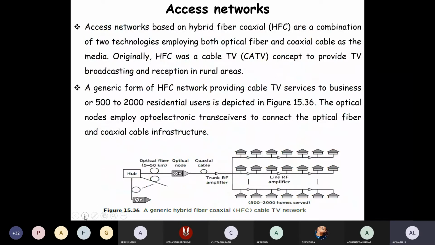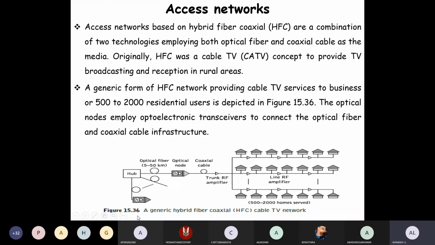Do not worry about the tables, as those are not necessary to remember. When you are talking about the generic hybrid fiber coaxial cable TV network, you can see this one. I can see in the generic hybrid fiber system how it will be there.